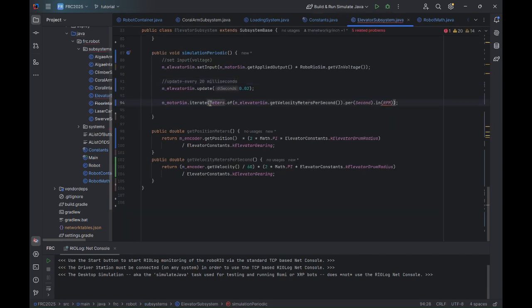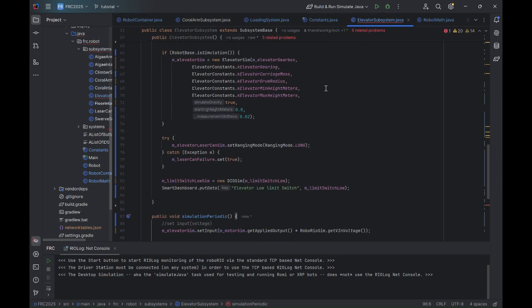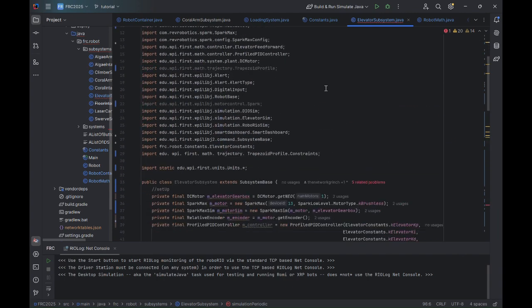So let's go back to iterate. We wanted to convert the linear to rotations, so we wanted to import the robot math.